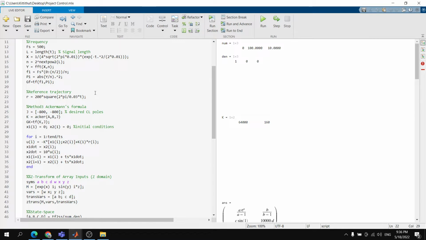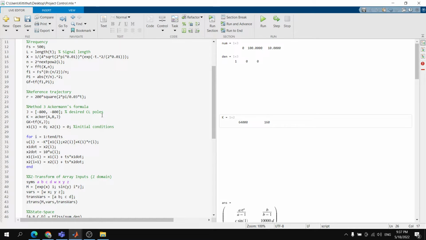I define the equation of the different trajectory equal to 200 multiplied by square and multiplied by pi divided by 0.03 and multiplied by 3.